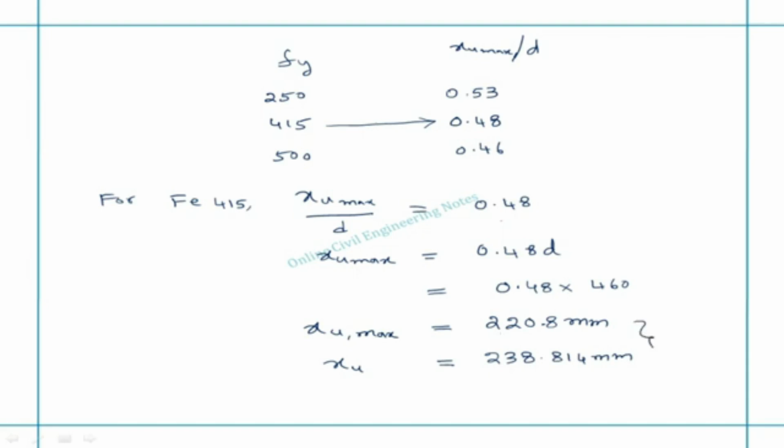Comparing these two values, XU is greater than XU maximum. So it is becoming the over reinforced section. We should avoid over reinforced section whenever designing a doubly reinforced beam. So XU is limited to XU maximum. Therefore take XU as minimum value of above 2. Therefore XU is equal to 220.8 mm.